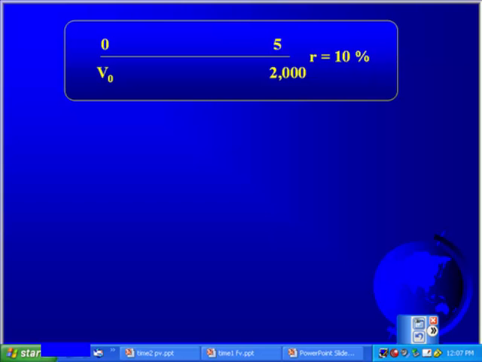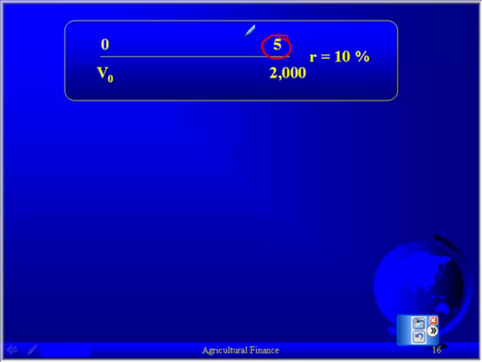If in 5 years we receive $2,000 and interest rates are at 10%, the question is, what is that worth today? Or what would you give me today, if you could earn 10% on your money, if I promised to give you $2,000 5 years from now? Think of it that way if you'd like.